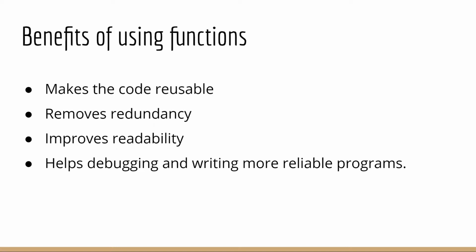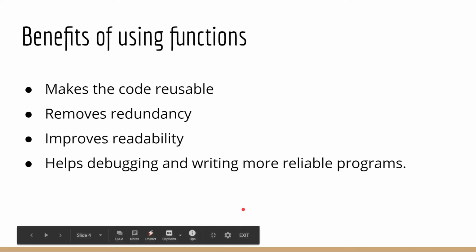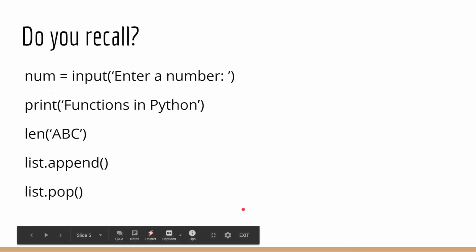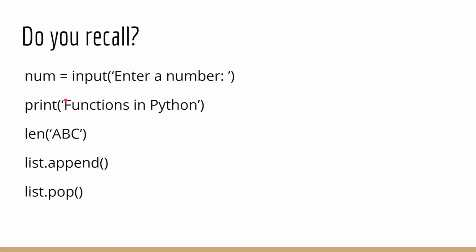Okay, now that we got the idea of why it's beneficial for a programmer to use functions, let's dive into how we can write our function. But first, I want to remind you of some of the functions that we may have seen and used so far. Do you recall this line here that we use to get the input from the user? Well, this is actually a function, and it does something for us.